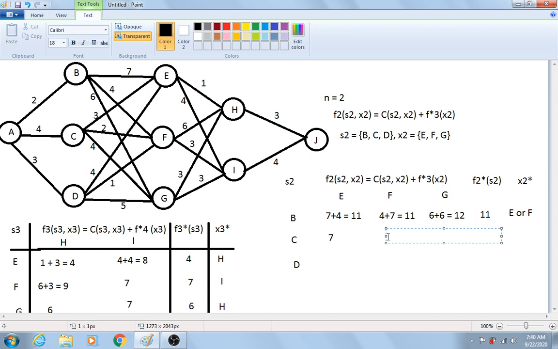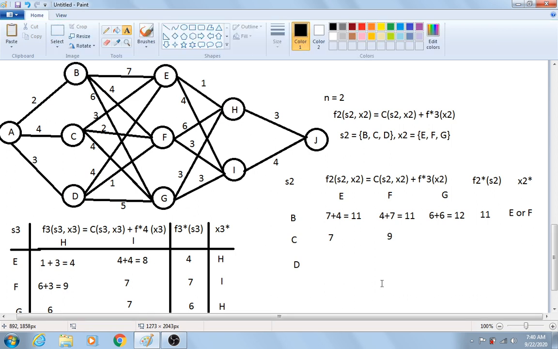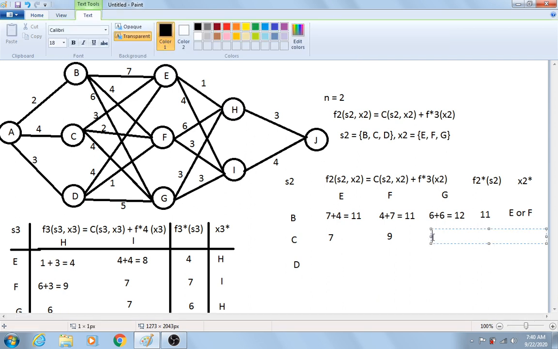From C to F, the cost is 2, and here F is 7 also, so 2 plus 7, that is 9. From C to G, that is 4, and here G is 6, so 4 plus 6, that is 10.